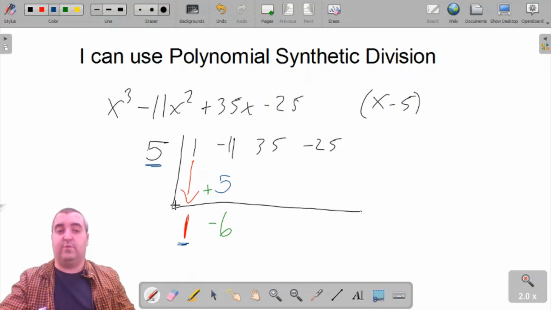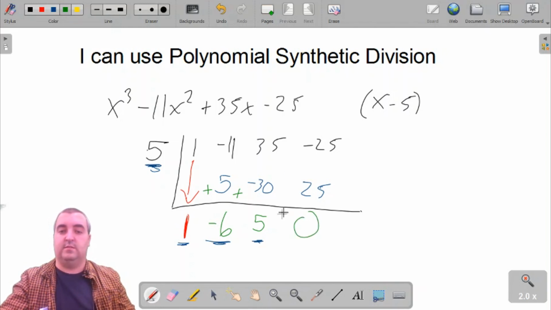And then you repeat the process. So you're going to multiply 5 and negative 6 to get negative 30. And you add 35 plus negative 30 is 5. Multiply, you get 25, and you add, and you get 0.